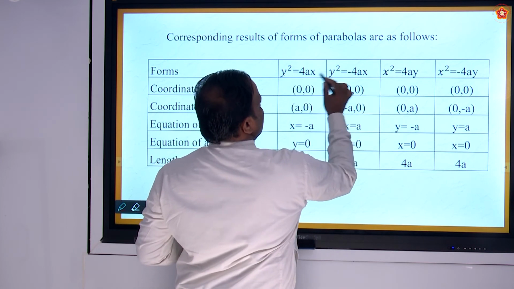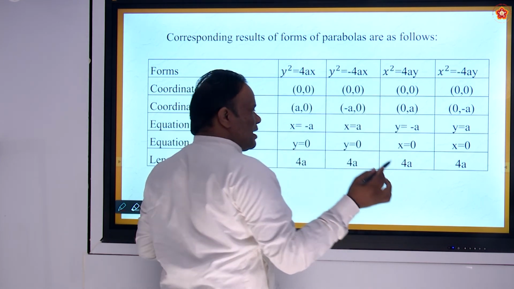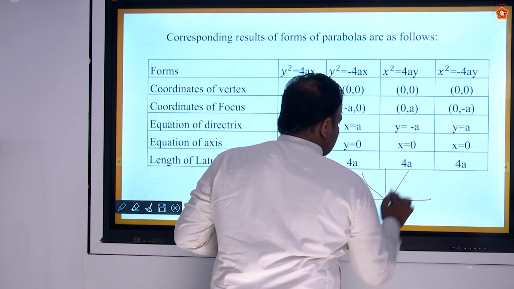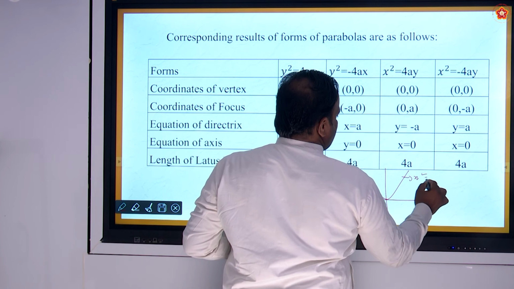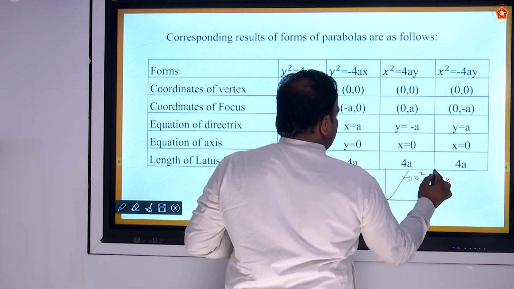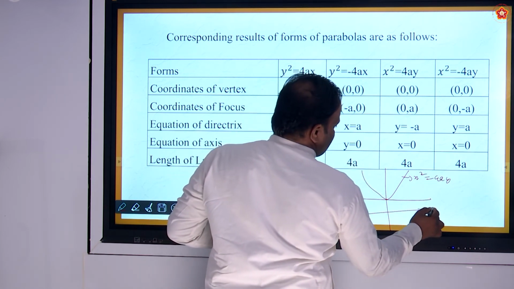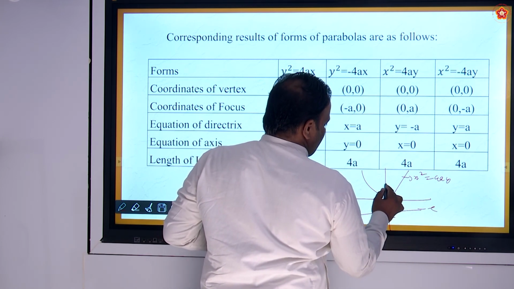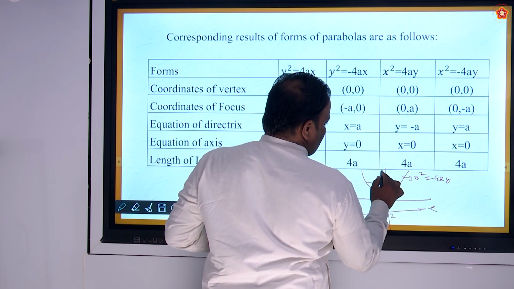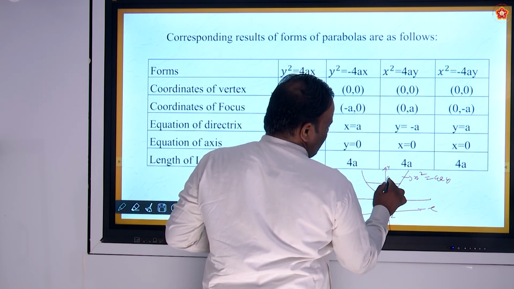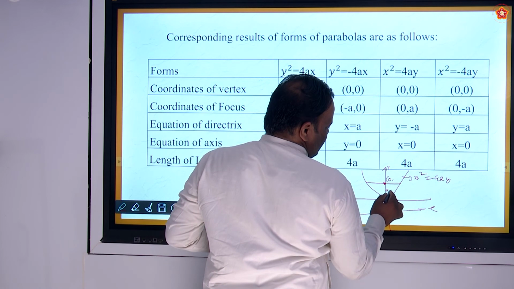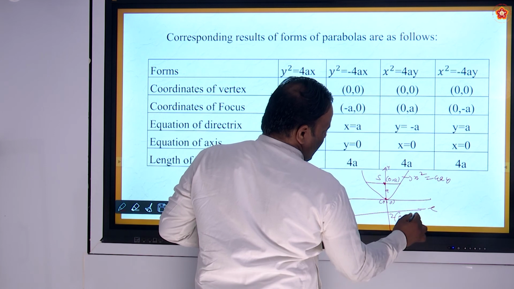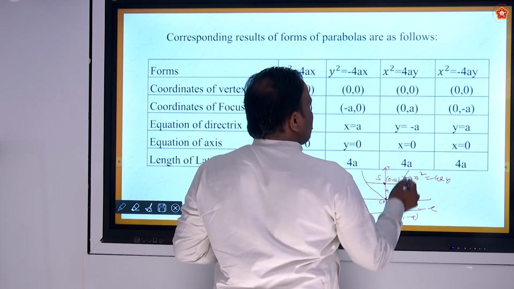Next, the third one, where x and y are interchanged. Instead of y square, x square, which means the axis of the parabola is exchanged. The axis of the parabola is now the y axis. This is x square equal to 4ay. Here comes the directrix, L, Z. The vertex is the origin. You take the focus on the y axis in the form 0 comma a, and this becomes 0 comma minus a. Now come to the formulas.